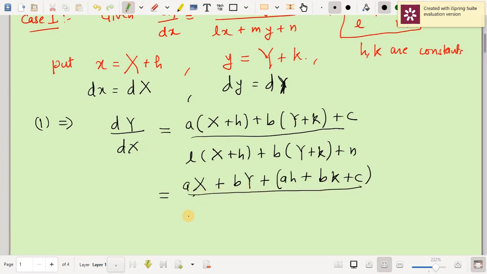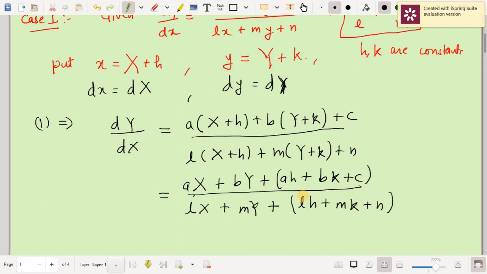Similarly, in the denominator you have lX plus mY plus the remaining constant term, lh plus mk plus n.